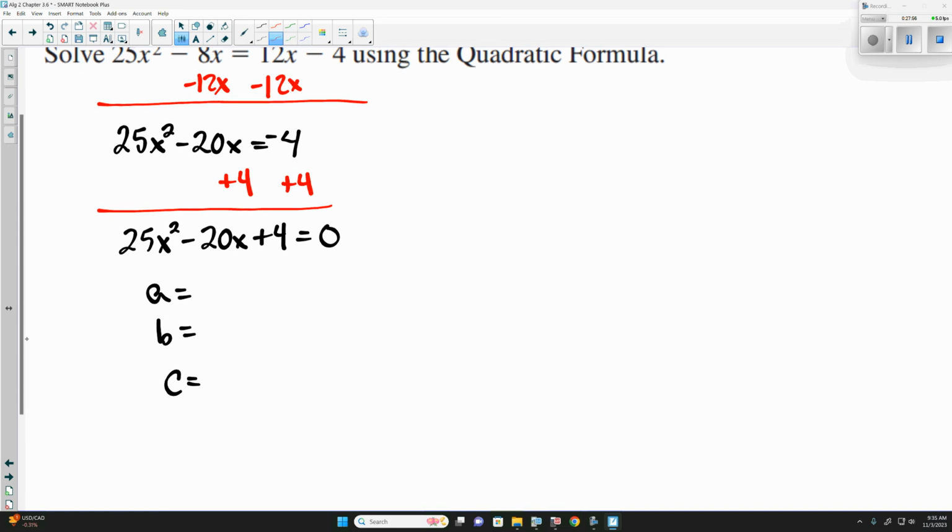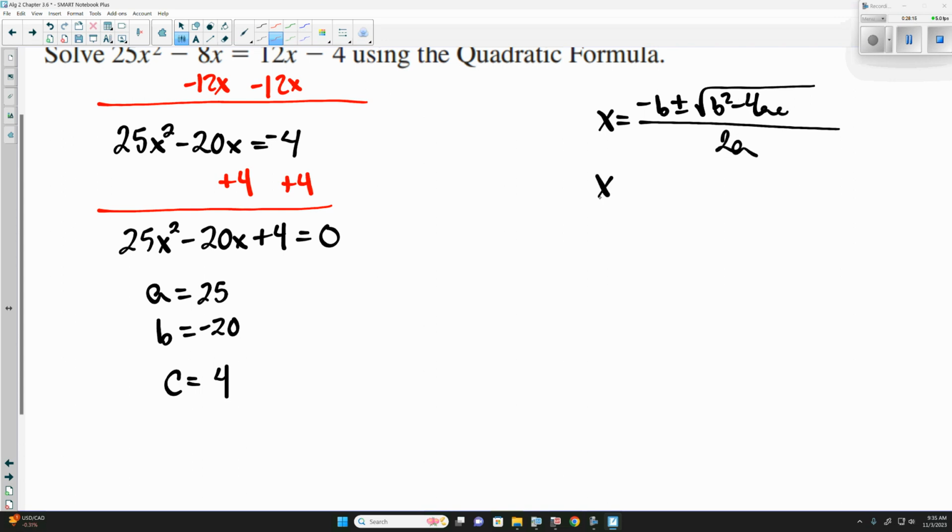Now the value of A in this case is, value of B is, and C is. So now we plug it into our quadratic formula.